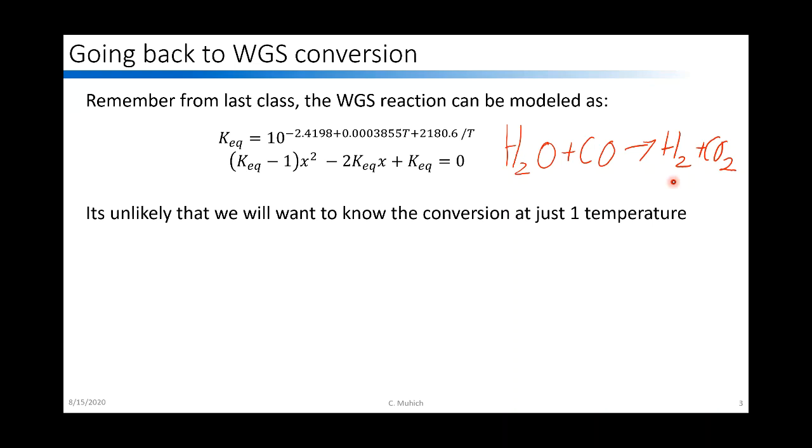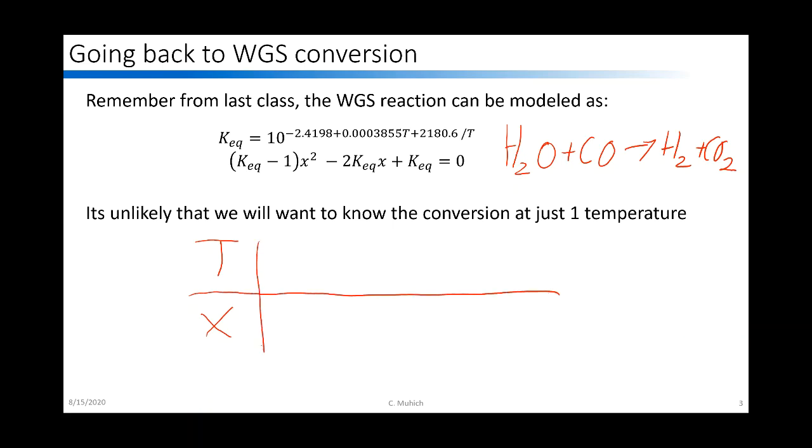But it's more likely that we're going to be interested in knowing, as I change the temperature, what sort of yields would I expect? So we need to change our mindset. Instead of putting just one temperature in, we are probably interested in looking at the yield, X, over an array of different temperatures.